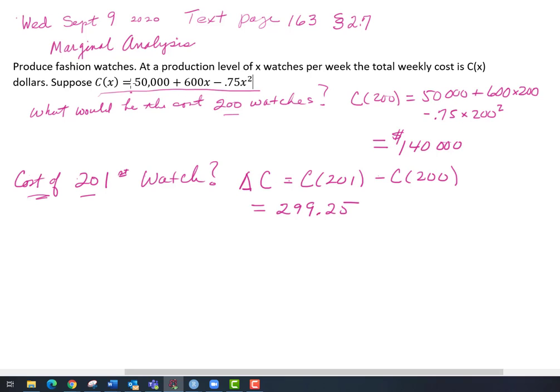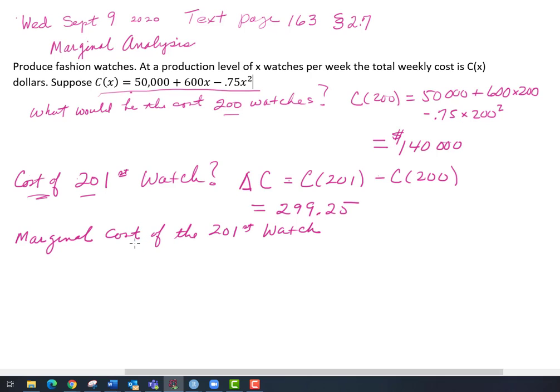But here's your cost function right here, and you can see that there was a little bit of computation in calculating this. I had a calculator, it wasn't difficult, but there were several steps. So is there a shortcut we can take to approximate this? The answer is yes, and we're going to talk about the marginal cost of the 201st watch.